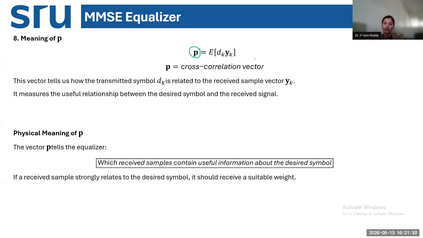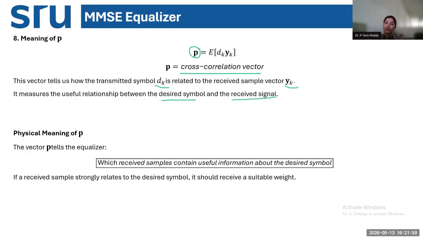But in terms of cross correlation, what is this P factor? The P factor is cross correlation. Cross correlation means I am transmitting the symbol dk, but I am receiving the symbol which is yk. Okay. So I'm transmitting dk, but I'm receiving yk. That means what is the relationship between the desired signal and the received signal?